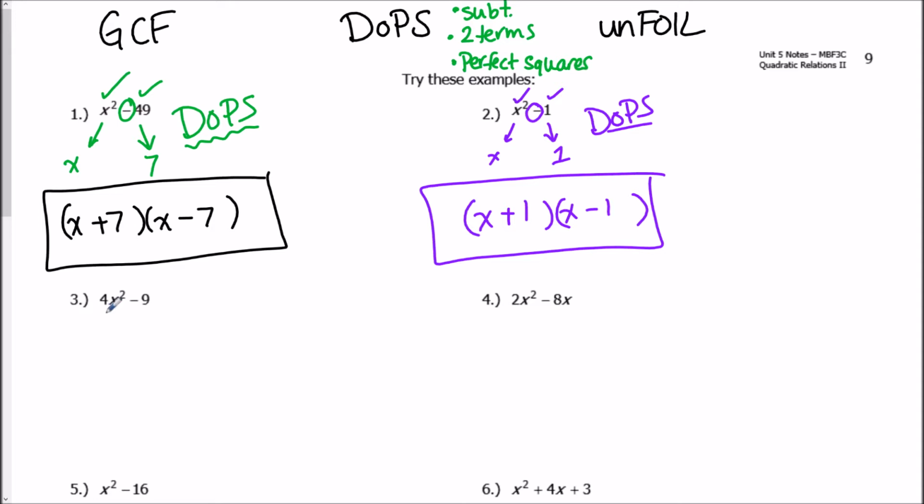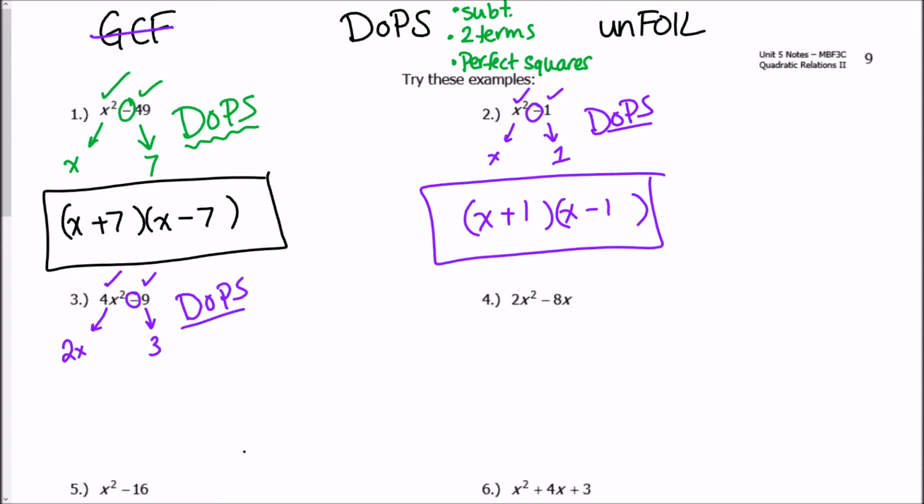Okay, so 4x squared and negative 9 have nothing in common, so it's not a GCF question. If it's a difference of perfect squares, it has to have subtraction. It does. It has to have two terms. It does. And these are perfect squares because the square root of 4x squared is 2x and the square root of 9 is 3. So this is another difference of perfect squares.